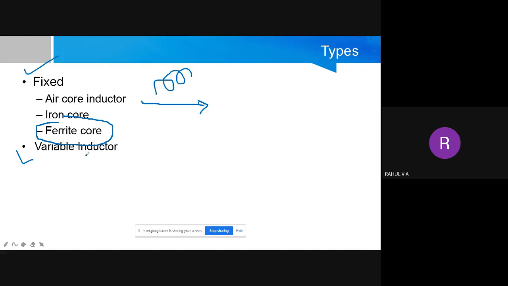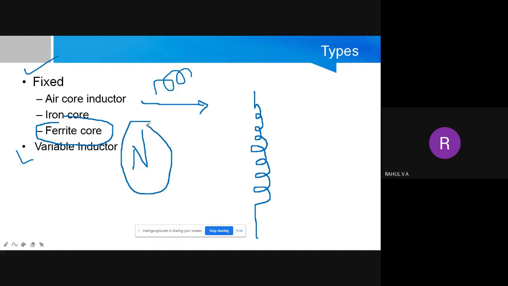And there is the variable inductor. This inductor is actually a coil. So the value of inductance depends on the number of turns we are winding.